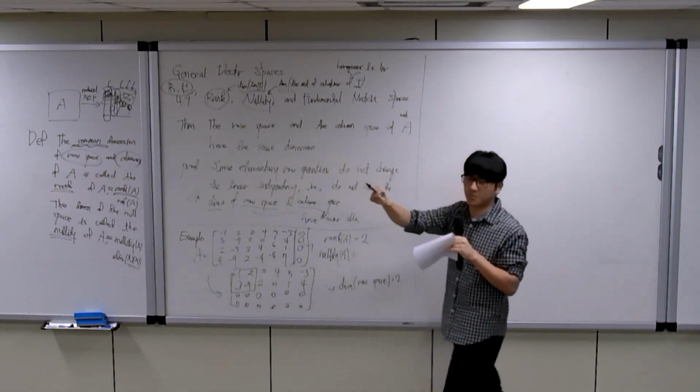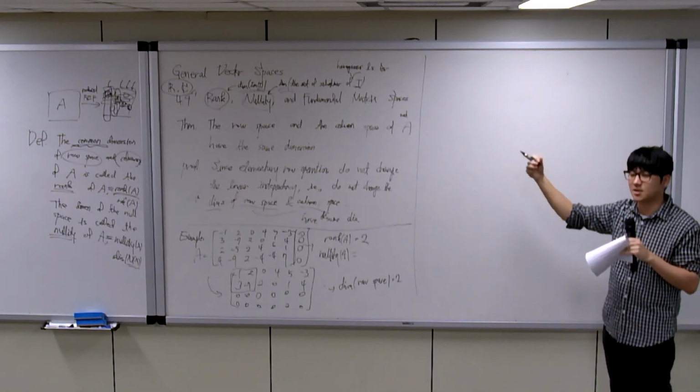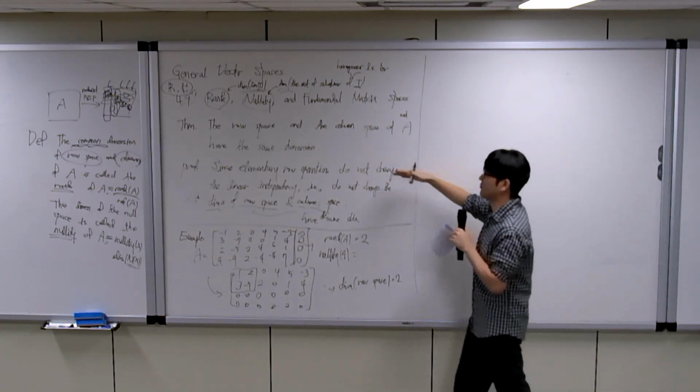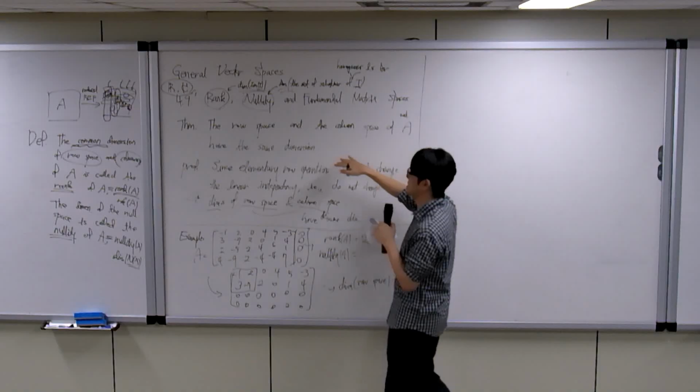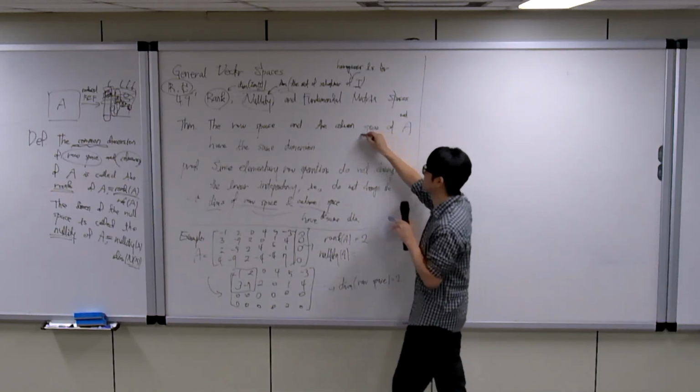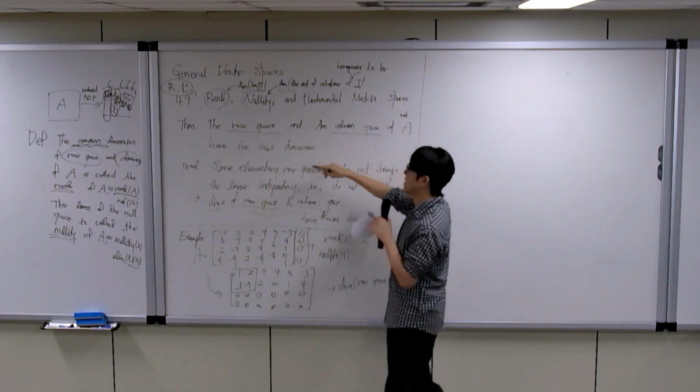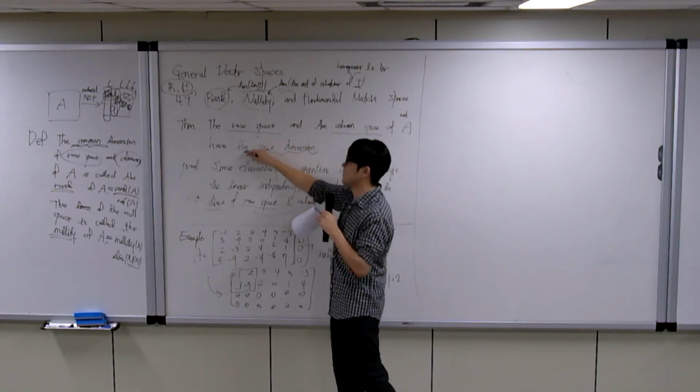We are in the complex field, and in this number system, if you calculate the dimension of the row space and the column space, they will have the same dimension.